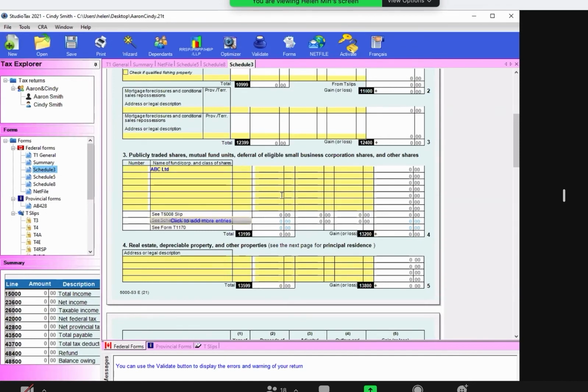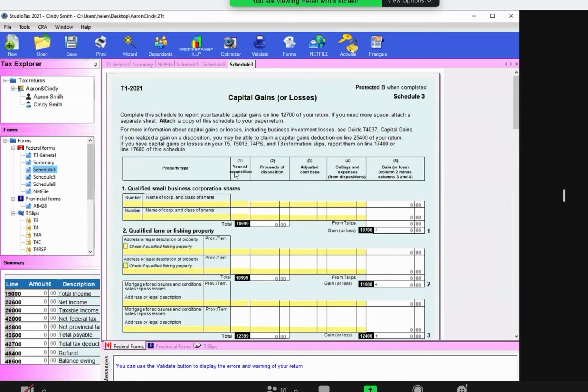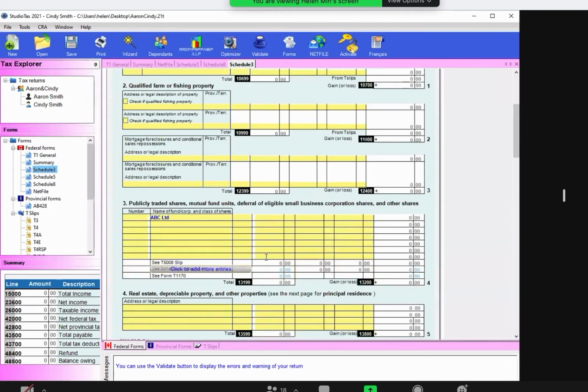Then the year of acquisition is 2021. We made our first purchase in 2021.